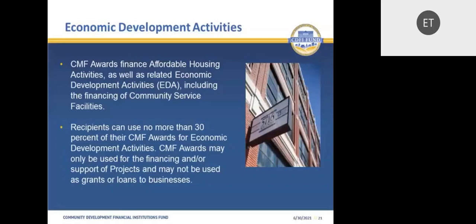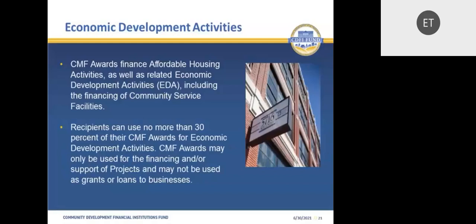Another question that just came in is, are only organizations that are certified able to apply, or can orgs in the process of recertification apply? Okay, so just to clarify, there are two types of organizations that are eligible to apply. You have certified CDFIs, and then you have eligible nonprofit housing organizations. If you're in the process of recertification, as long as you're certified by the application deadline, you would be eligible.